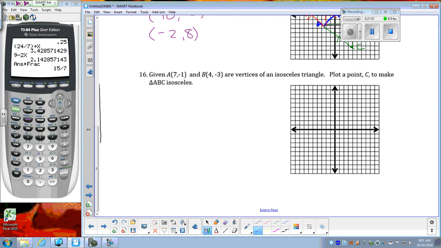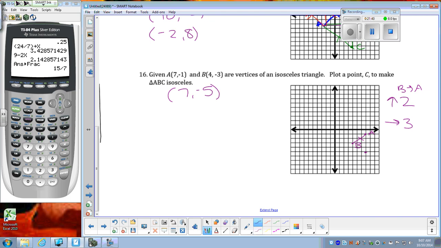So 16, 7, -1 is A, B is 4, -3. All right, so far I have this line, which I had to go up 2 and over 3 to get from B to A. So if I use B as my vertex angle, well then, since I went right 3, I could go down 2 instead of going up 2 to have point C at 7, -5.